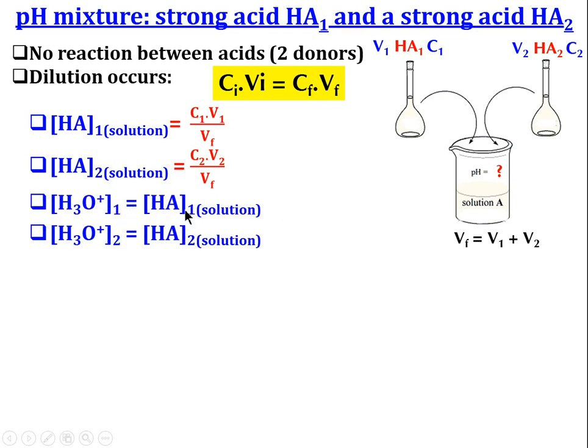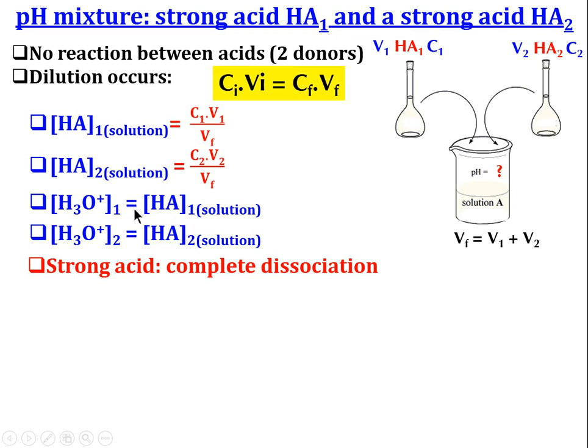Since HA1 and HA2 are strong acids, they will dissociate completely to H3O+. So H3O+ provided by HA1 is equal to the concentration of HA1 in the solution, and H3O+ provided by the acid HA2 is equal to the concentration of HA2 in the solution.